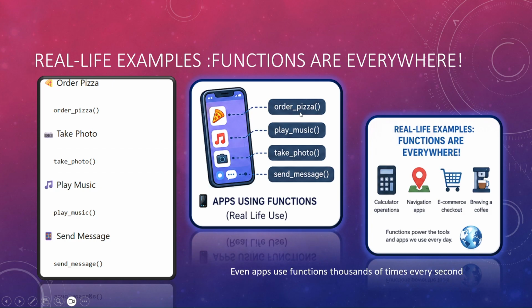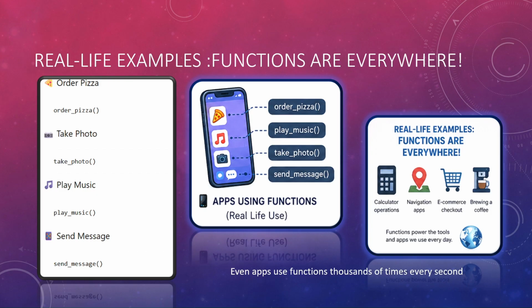Play music, there is a function that takes care of the activities that need to be done in the background. Take a photo, same. All the real life applications heavily use functions in the background. Every app uses functions thousands of times every second. So there are multiple users calling the same function and getting all those tasks done.